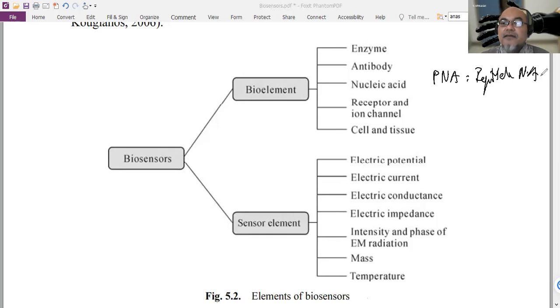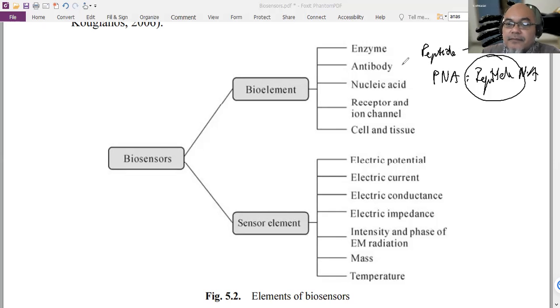Instead of being made from deoxyribose, like in DNA, or ribonucleic acid, RNA, the nucleic acid is combined with peptide. We can also use peptide alone. Peptide is a chain of amino acids, not nucleic acids, and the combination of peptides will become protein.